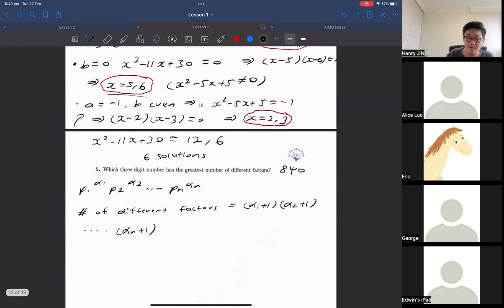Well, you can think about it. A factor is just, what can alpha 1 be? Alpha 1 can be 0, 1, 2, all the way up to alpha 1. Those are the possible values for alpha 1.